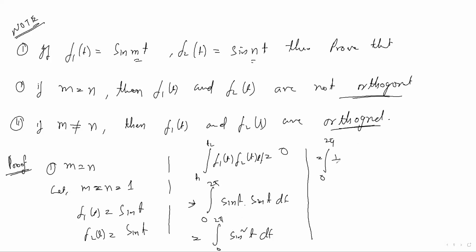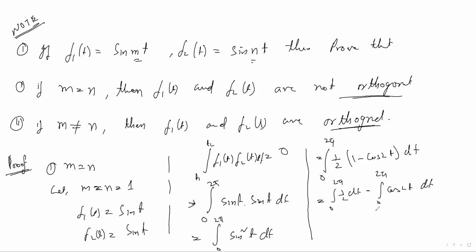Sin square can be represented as half of 1 minus cos twice t, dt. Just break the bracket term: integral 0 to 2 pi of half dt minus integral 0 to 2 pi of half cos twice t dt.